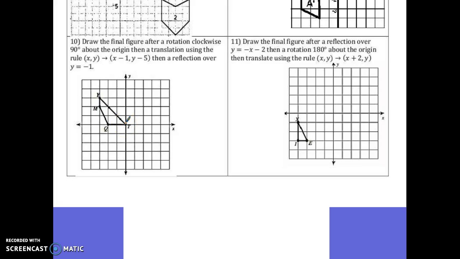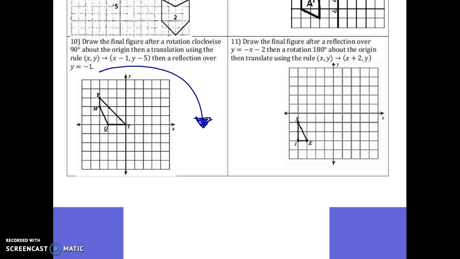So when we're rotating clockwise, let's see, the clock goes around like this to the right. Right, the tick hand moves like that. And 90 degrees would be one turn clockwise.